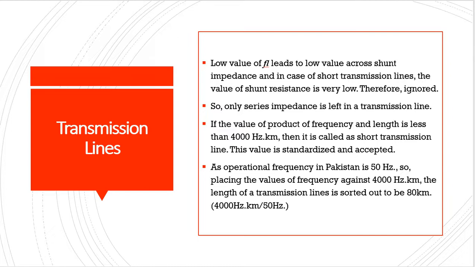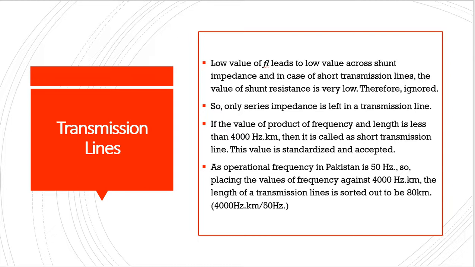And here in Pakistan we know that the frequency is 50 hertz. So, we can take this 4000 as FL, and on the other hand we have the operational frequency of Pakistan, that is 50 hertz.